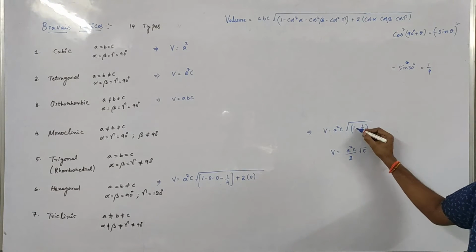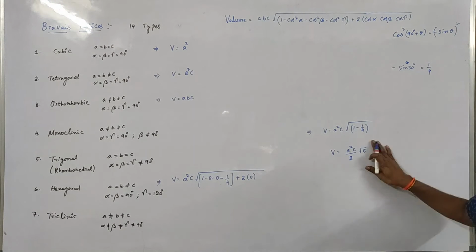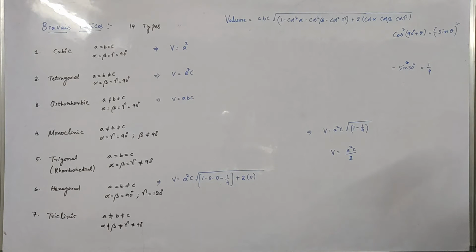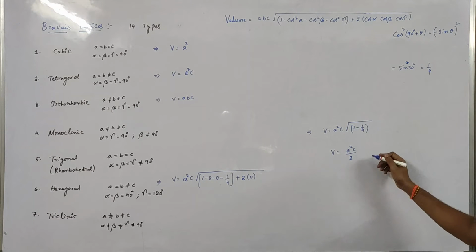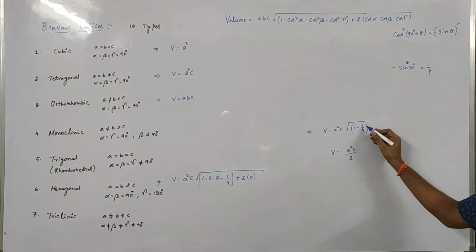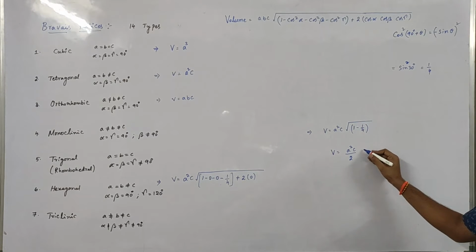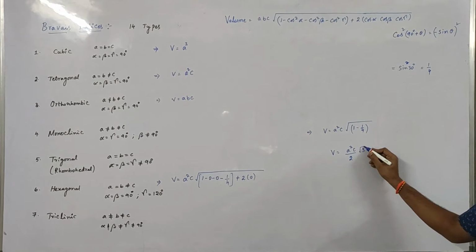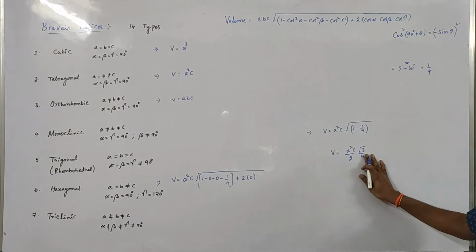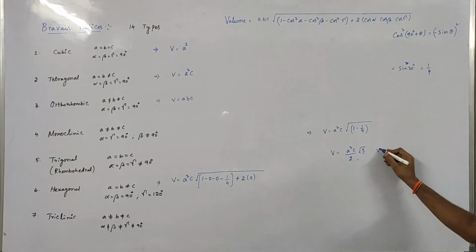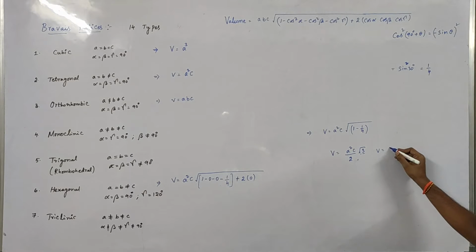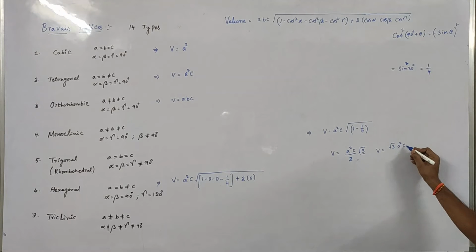So 1 minus 1 by 4 means 3 by 4. Right? Root 3 by 4, root of 4 means 2. So V equal to A square root 3 A square C by 2.